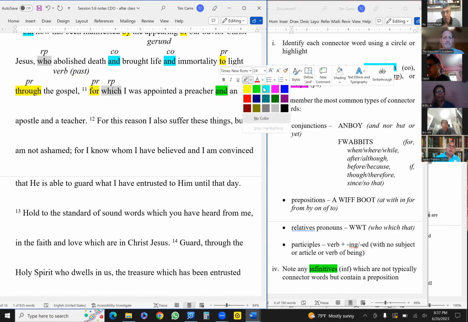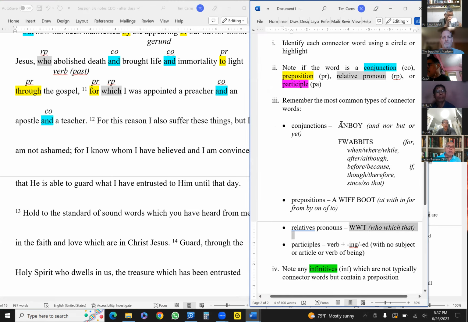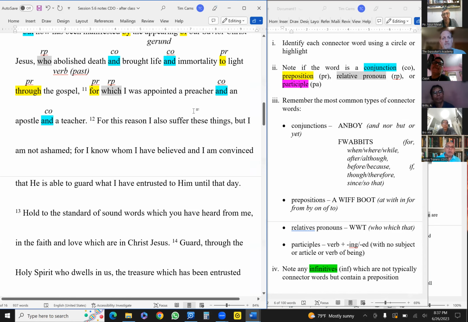What kind? Coordinating. Yep. Notice again, if you can just remember those five. We see here they are coordinating, and in this case, they're connecting just the nouns: preacher, apostle, teacher.